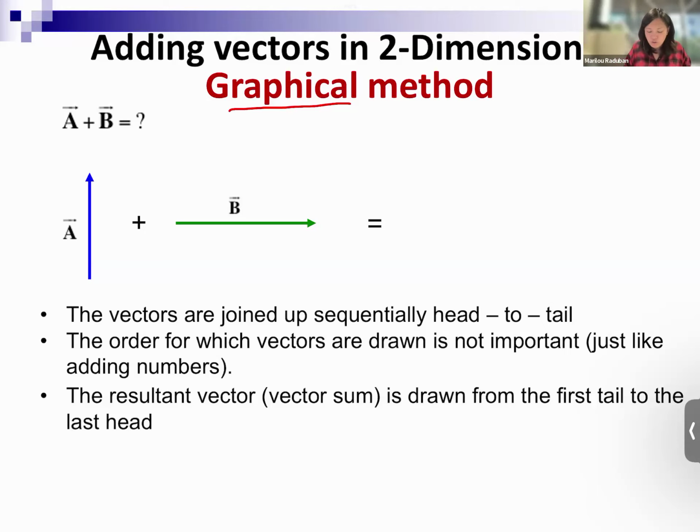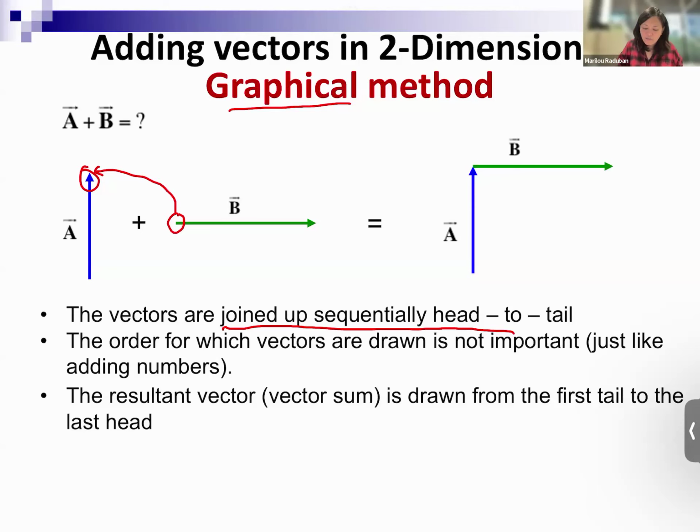When you add the vectors graphically, you're joining them up sequentially head to tail, meaning you connect the tail of the second vector to the head of the first vector. So you draw your first vector and then connect your second vector so that its tail links with the head of the first vector. The resultant vector is then drawn from the tail of the first vector to the head of the last vector.